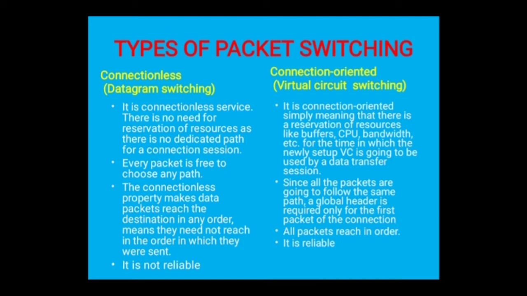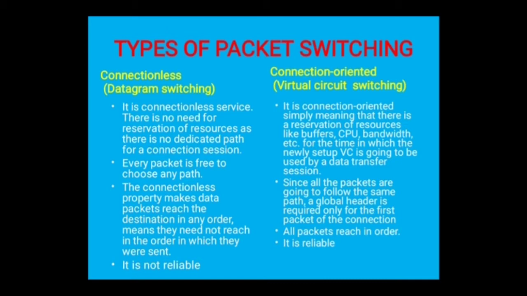So the first part, again the datagram switching, is nothing but a packet switching. There is no need of resources or no dedicated path is required for such kind of transmission. Whereas in a virtual circuit, because we need to set a virtual circuit, we must require some resources like CPU, bandwidth, buffers to send my data. Every packet is free to choose any path because it's connectionless.